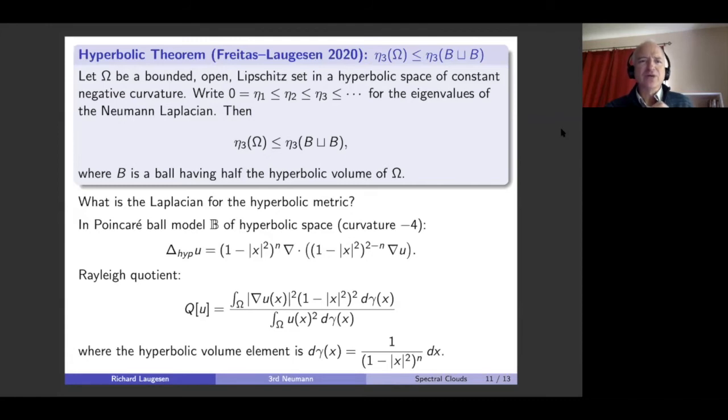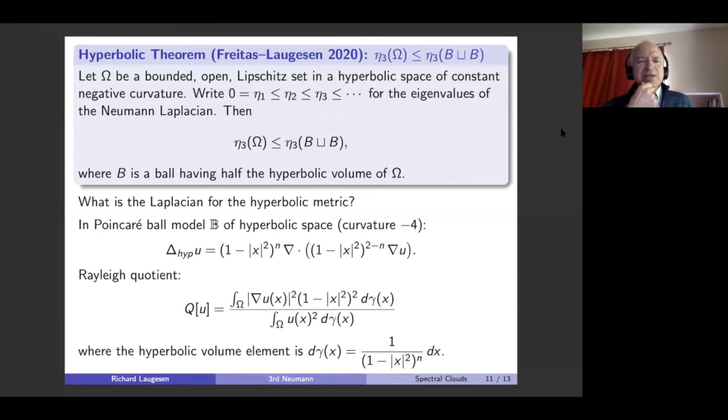There are other models as well. We'll write eta, the Greek letter for h, hyperbolic, so eta for the eigenvalues of the Neumann Laplacian. And the claim is that eta 3, the third eigenvalue of this Neumann hyperbolic Laplacian, is less than or equal to the third eigenvalue of the disjoint union of two hyperbolic balls, each of which has half the hyperbolic volume of omega.